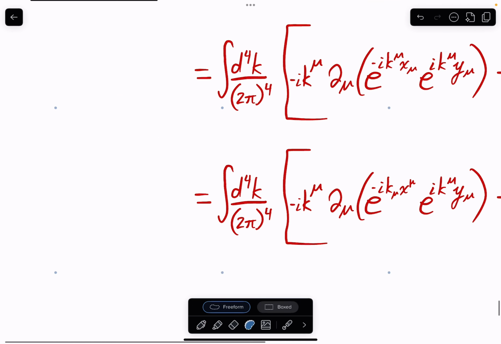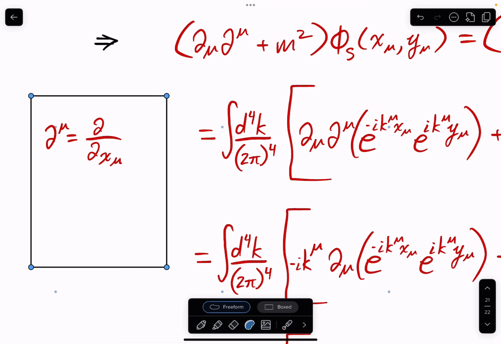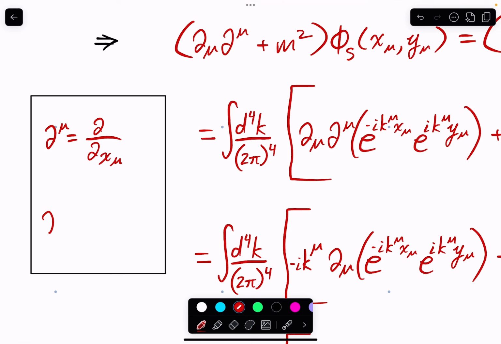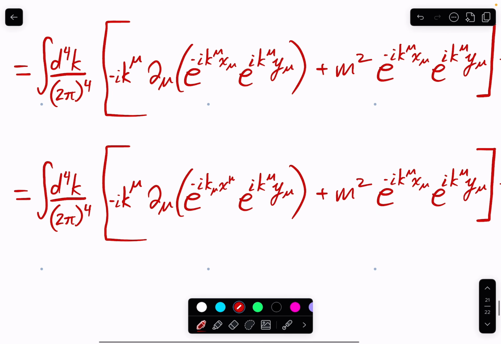And this is going to take advantage of the fact that the covariant gradient is actually with respect to the contravariant position. So this will give a minus i times k subscript mu here.